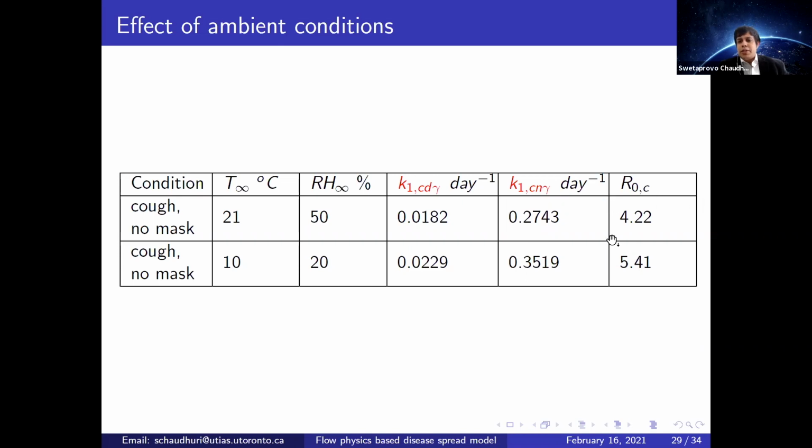Based on this rate constant, we can also find the basic reproduction number in this state, and this is this value. Now remember, the probability of getting infected by the droplet was much higher than that of the corresponding nuclei. But the rate constant contribution by the nuclei is much, much higher than that of the droplets. And that is because of two things.